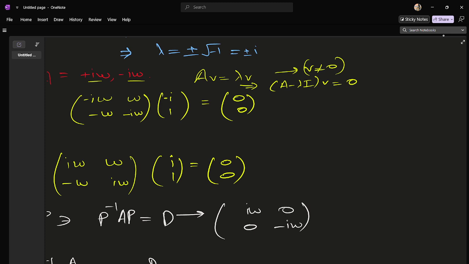The P will be this, with 1 and i, and dividing by the norm of P we get P as an orthogonal matrix.